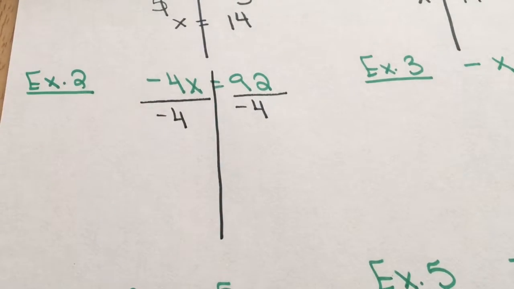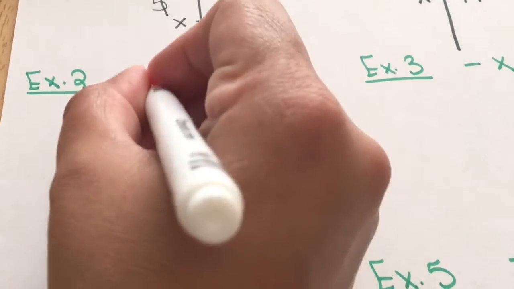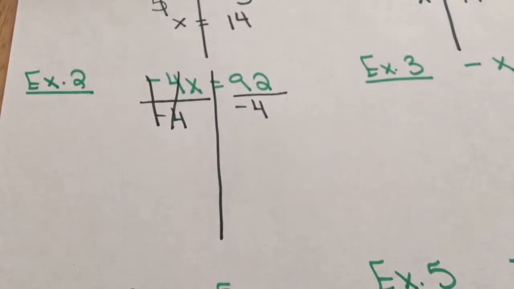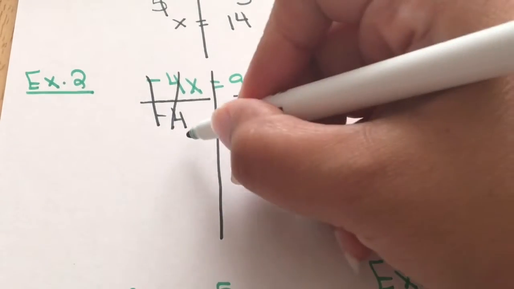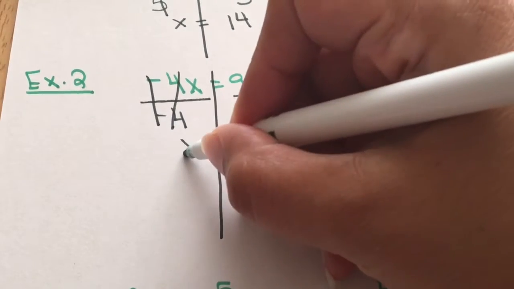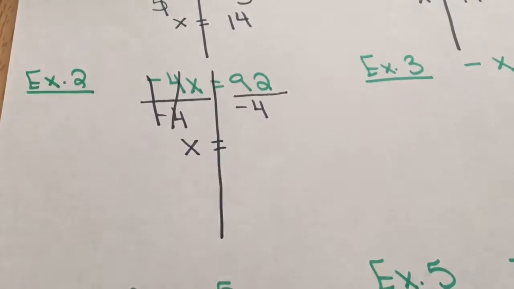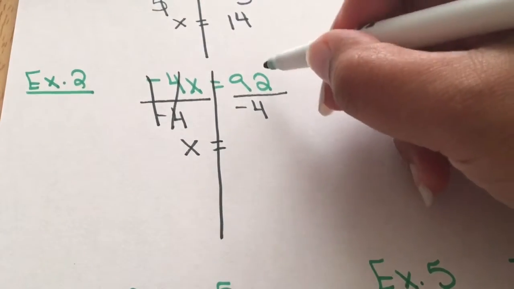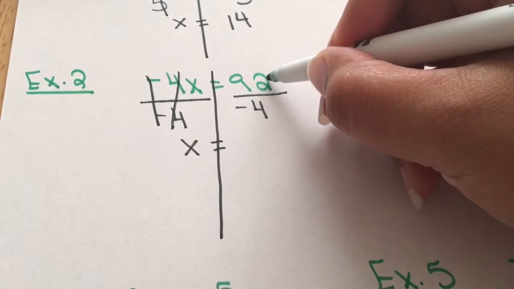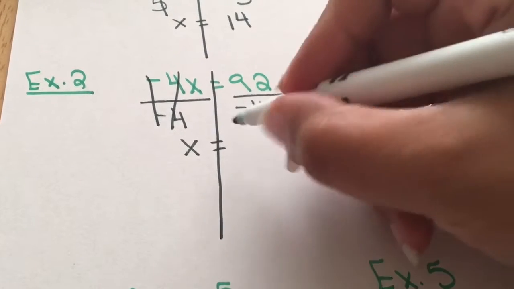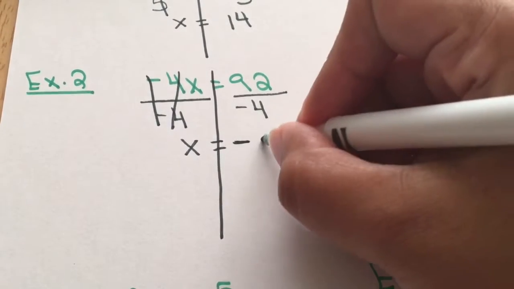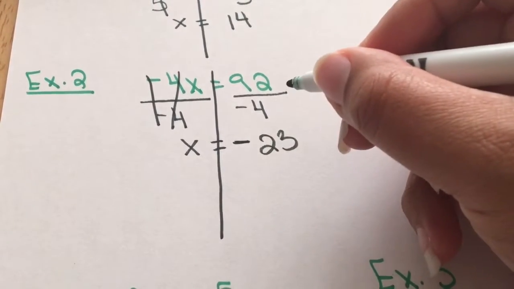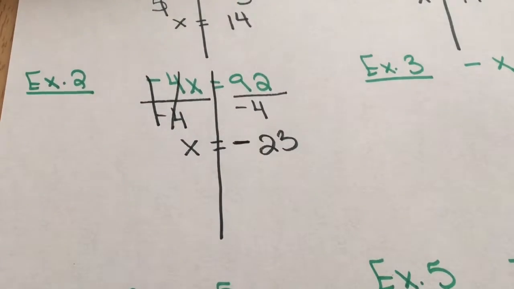If we remember, the negatives will cancel out from our integer division, and the 4 divided by 4 will equal 1, so we're just left with 1x, or x. And then we have 92 divided by negative 4. First of all, again, from integer division, we remember that a positive divided by a negative will yield a negative answer. And 92 divided by 4 is going to be 23. So we have that one.